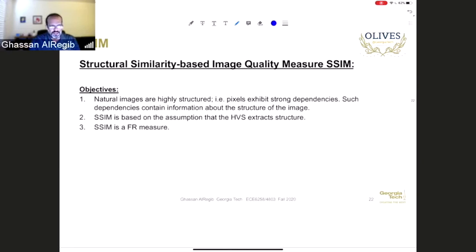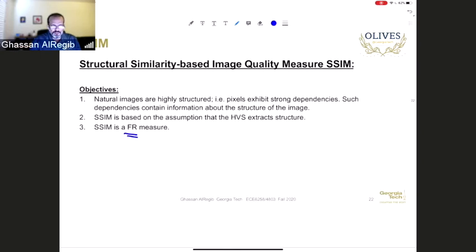This one is SSIM for short, and it stands for Structure Similarity Image Quality Measure. SSIM is a full reference measure, and Al Bovik in Austin and his group are the ones who came up with this measure.